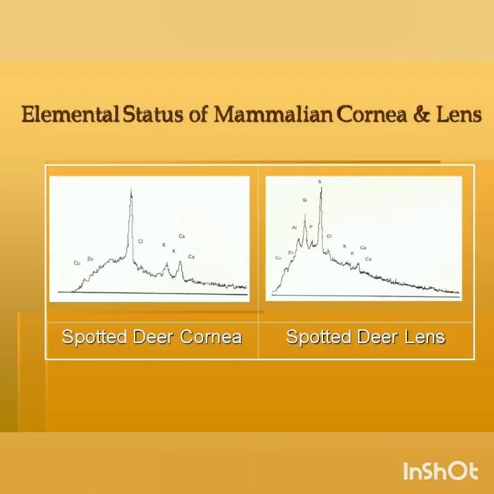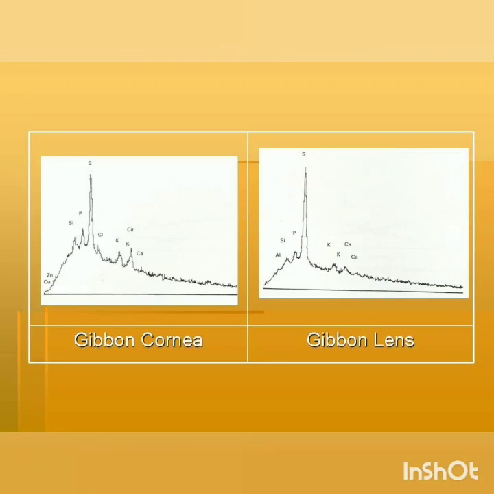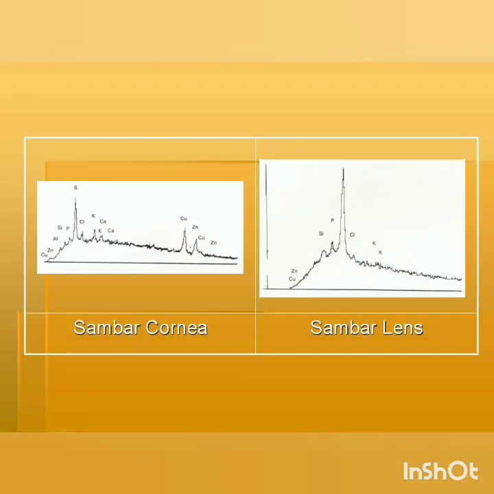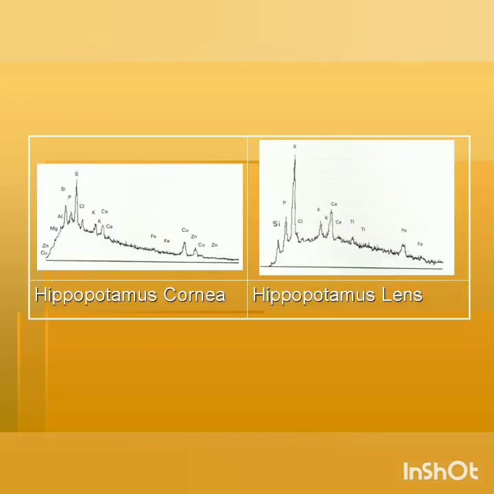So we have found out the total X-ray spectrum of some mammals like spotted deer cornea, spotted deer lens, gibbon cornea, gibbon lens, sambar cornea, sambar lens, hippopotamus cornea, hippopotamus lens.